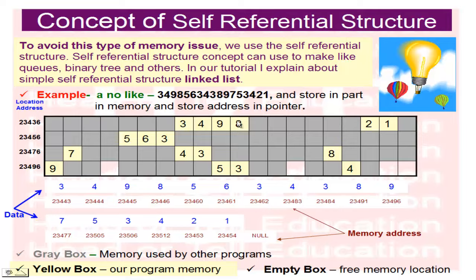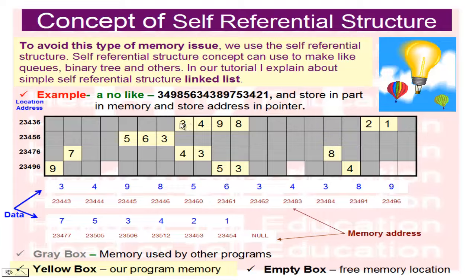According to our dynamic memory, 3498 is stored in this location, 21 in this location, 563 in this location, 43, 53, 8, 4, 7, 9. So each number is allocated a different location. But if we read it sequentially, we can't check whether our number is okay, because sequentially the number is disturbed and wrong.